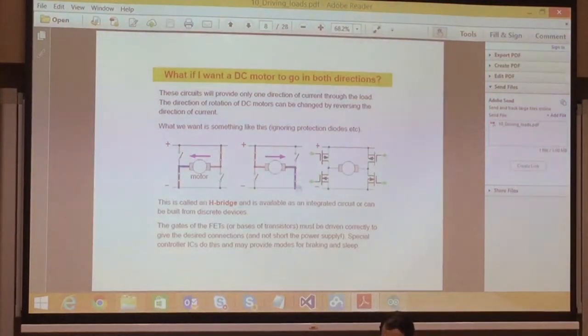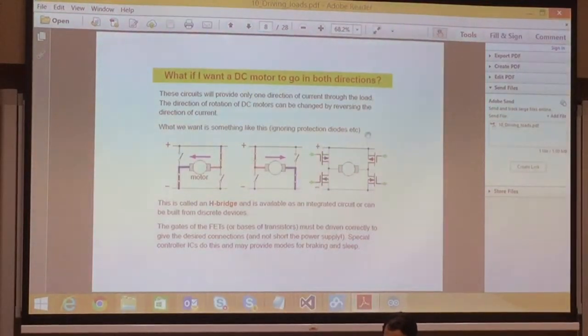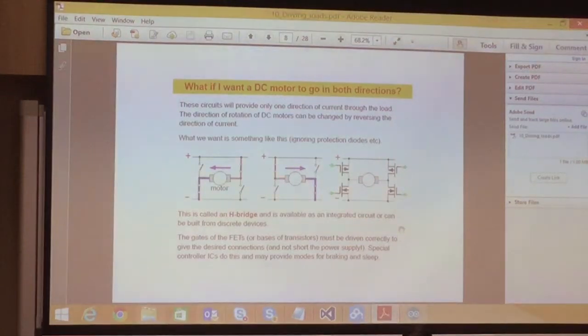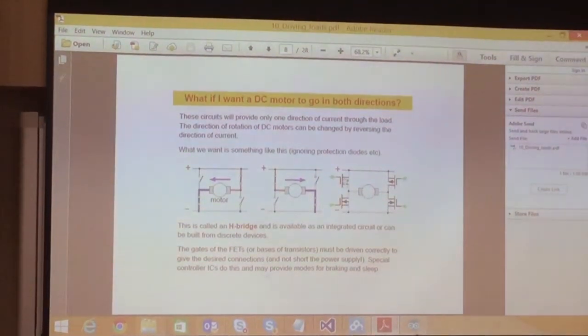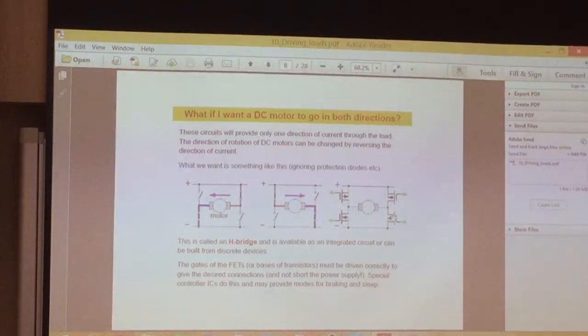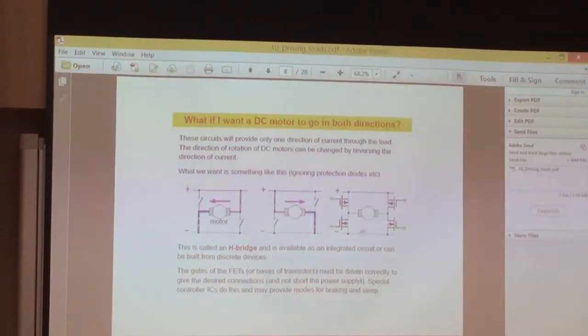We can use the circuit called an H bridge. This one looks like an H. You have two MOSFETs here and two MOSFETs here. At one point, let's say this MOSFET and this MOSFET are turned off, and this one and this one are turned on.